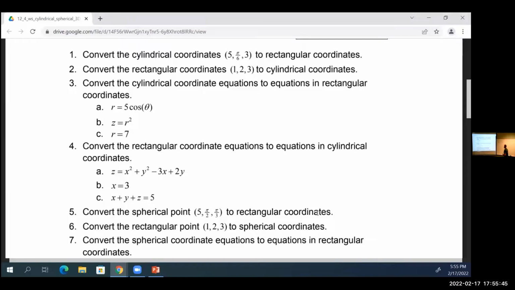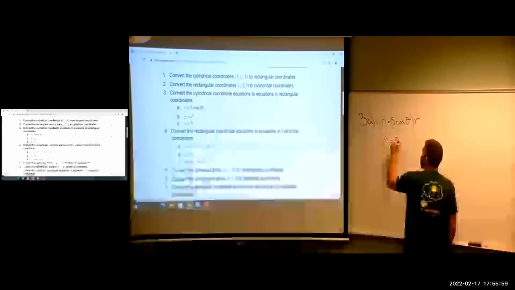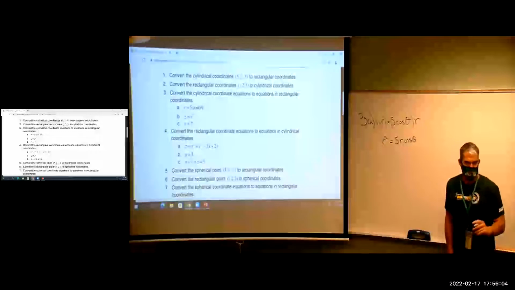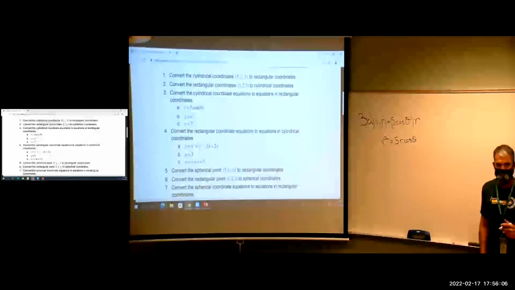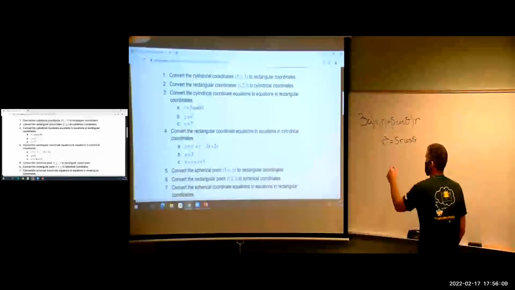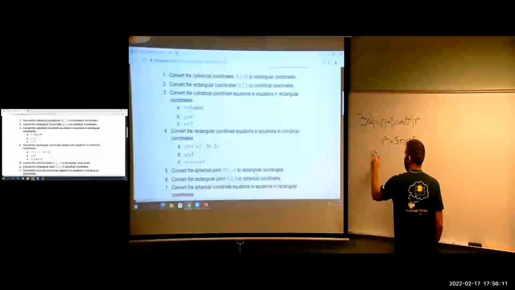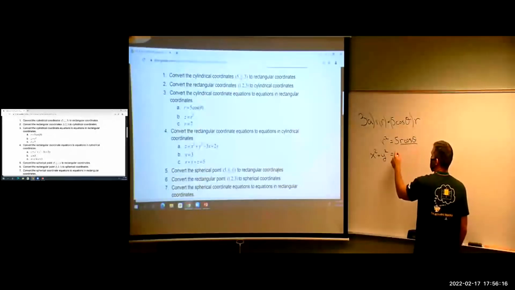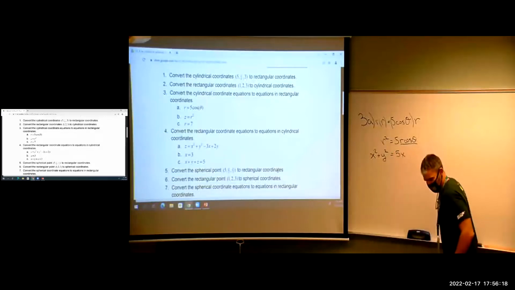If you want to convert this, at first it's hard to see how, but what we can do is multiply both sides by an R. So this becomes R squared equals 5R cosine theta. Now the substitutions are much more obvious. R squared is equal to X squared plus Y squared because we're going to rectangular. R cosine theta is X, so that equals 5X.